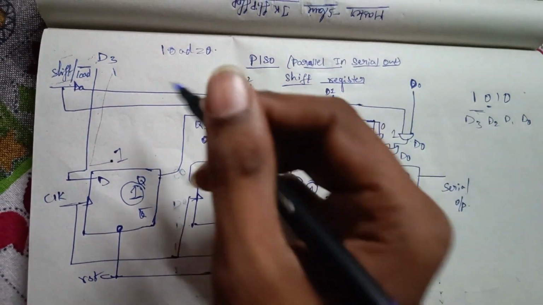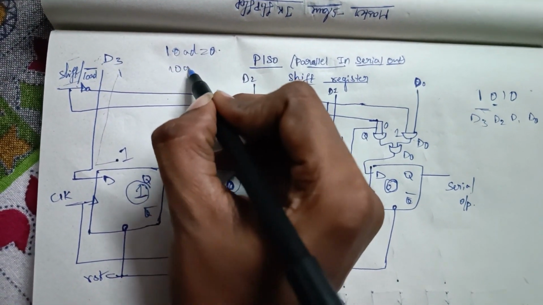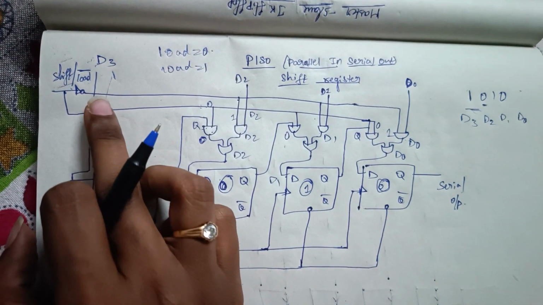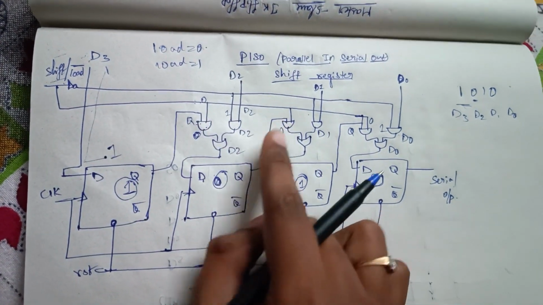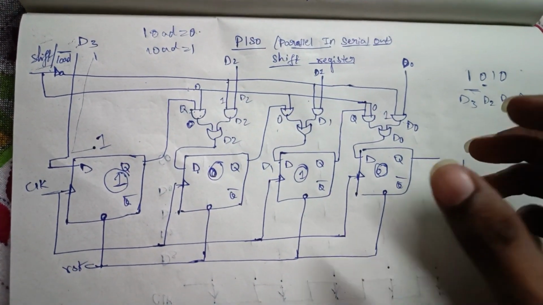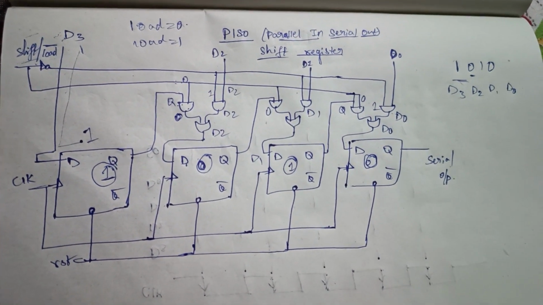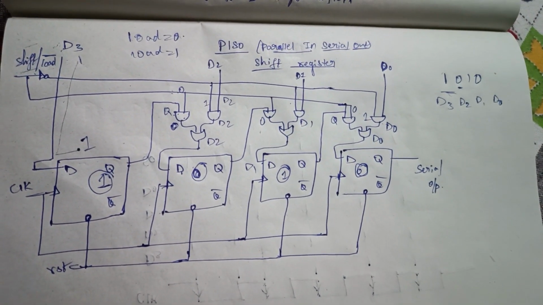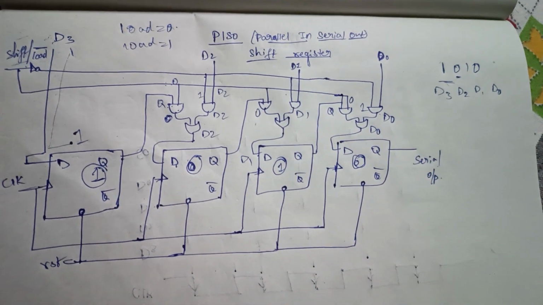Now if load becomes 1, the load will be disabled and the shift operation will start. Now the bits will come out one by one at the output. At a time only a single bit appears at the output because it is a serial output.